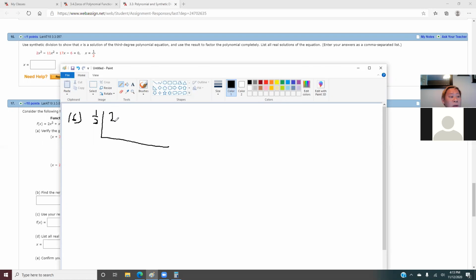So that will be 2 here, -11, 17, and -6. Same thing happens, you drop the 2. Then half times 2, you know what half times 2 is? No, half is 0.5. What is 0.5 times 2?